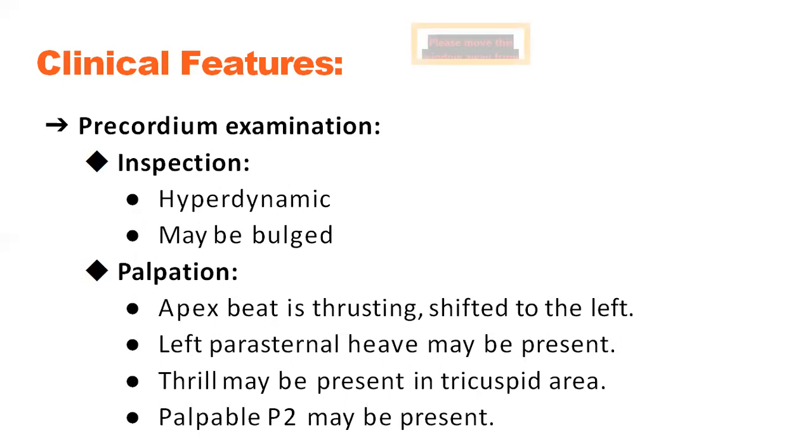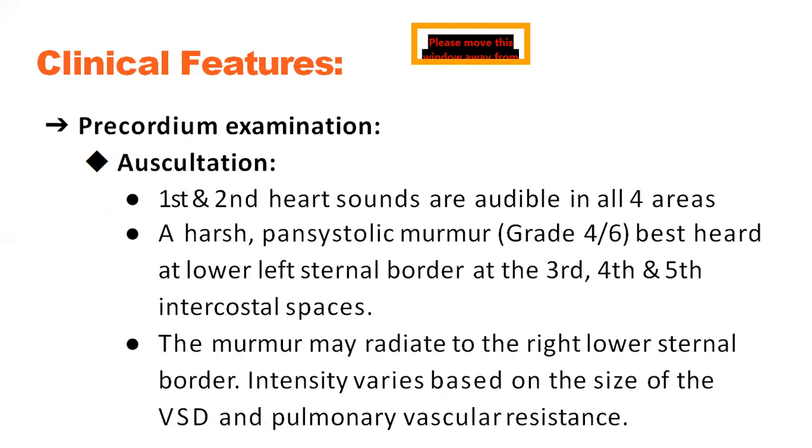On palpation, the apex beat is usually shifted to the left. Left parasternal heave may be present. Thrill may be present in the tricuspid area, and P2 may be palpable. Auscultation: first and second heart sounds are audible in all the four areas, but there is a harsh pansystolic murmur of grade 4 to 6 best heard at the lower left sternal border at the third, fourth, and fifth intercostal spaces.